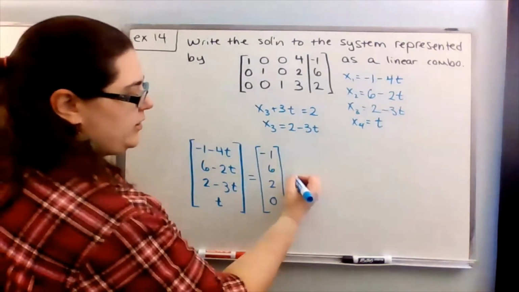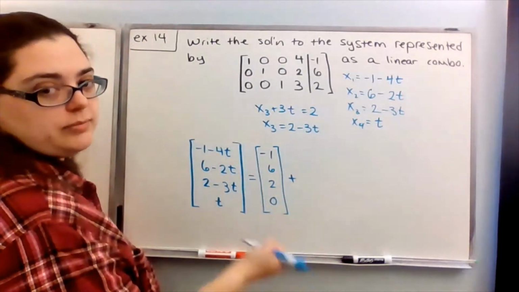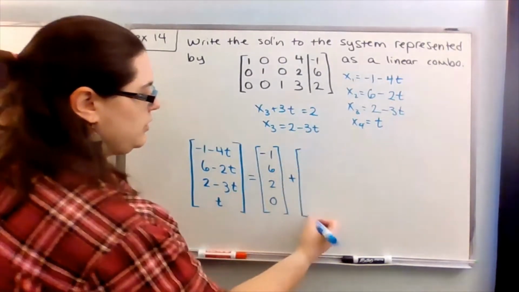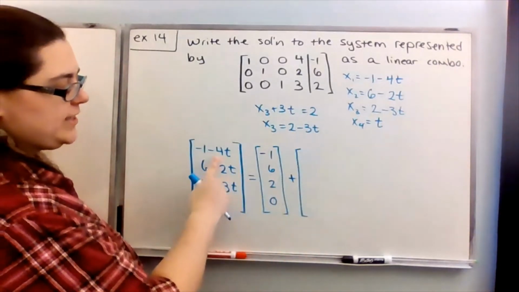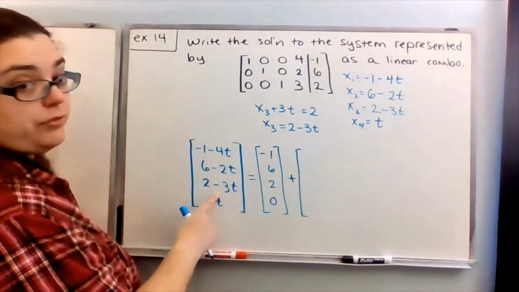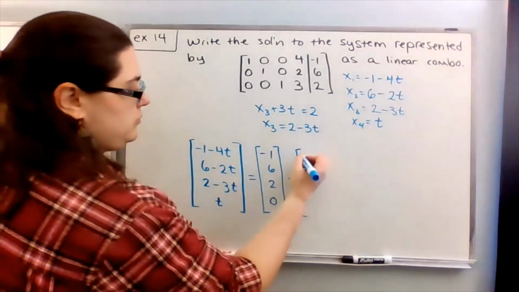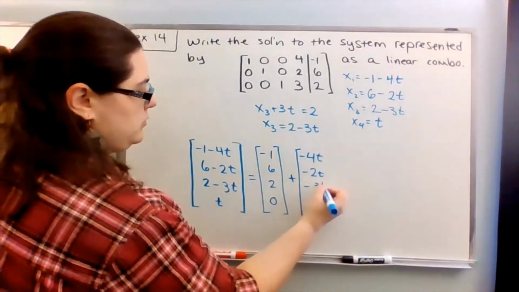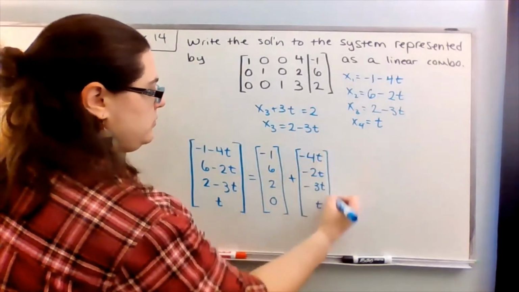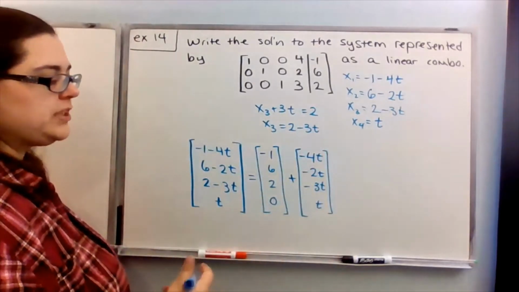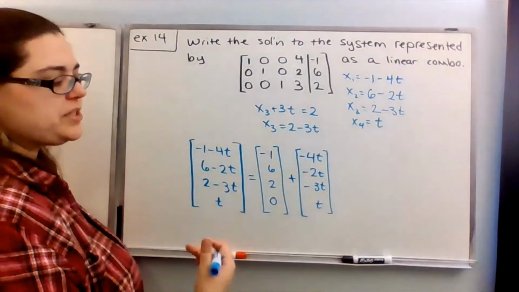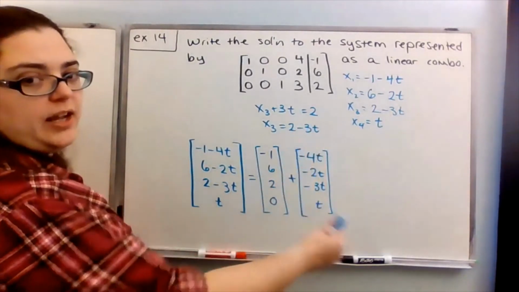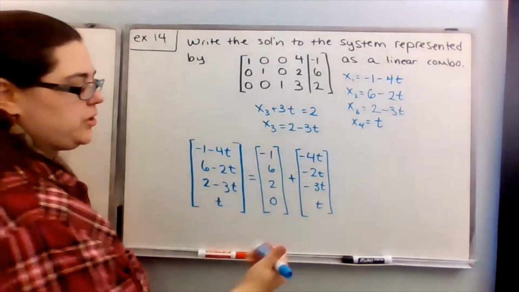Next, I'm going to add the matrix that is made up of the t's. So this is -4t, -2t, -3t, and t. And then to finish it off, it's pretty standard to factor out that t and write it in front of or behind the matrix.